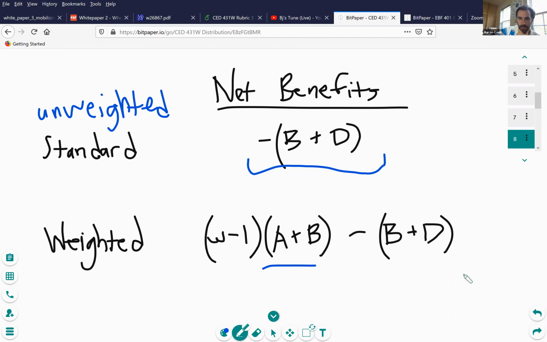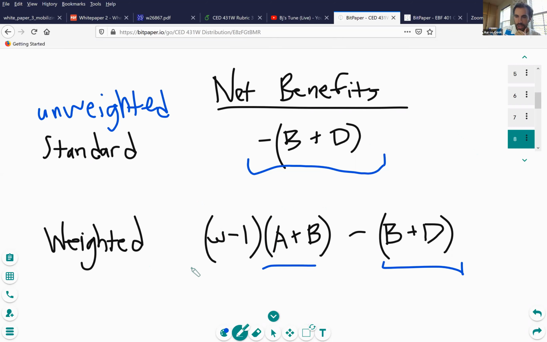And then you still have the overall deadweight loss, but under this framework, depending on how large W is and depending on how large A plus B is relative to B plus D, now you could actually have something that comes out with net positive benefits because of that choice of extra weight that you put on the transfer recipients, right?